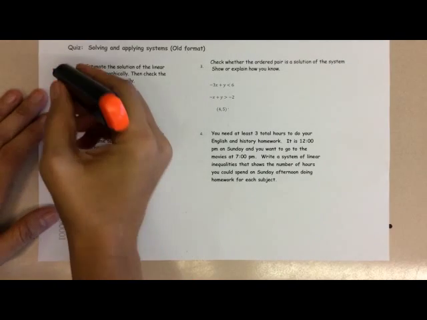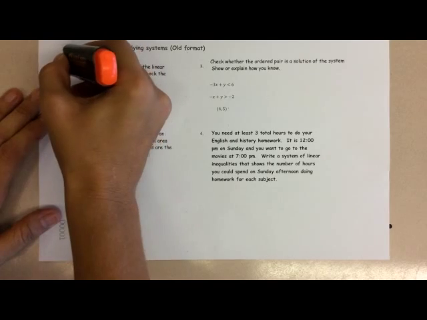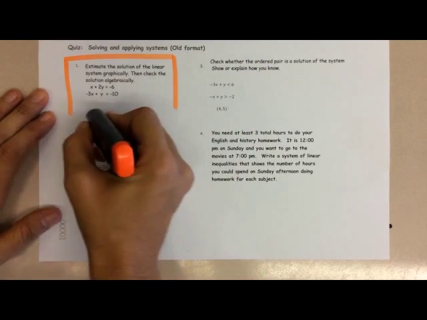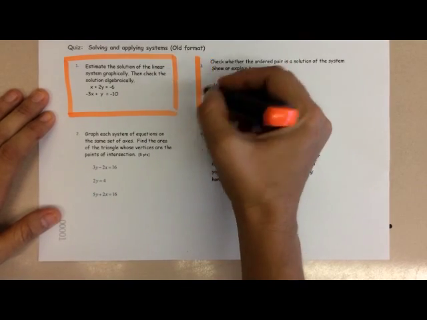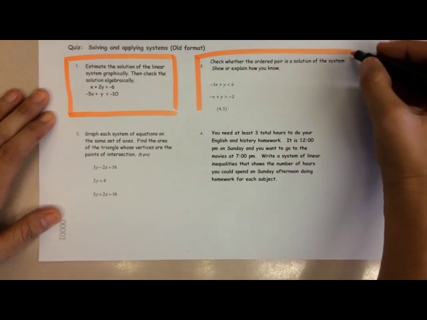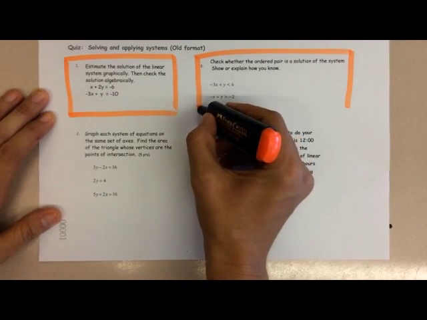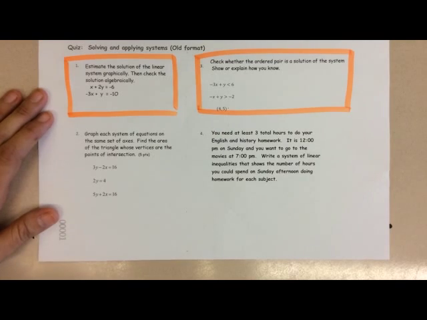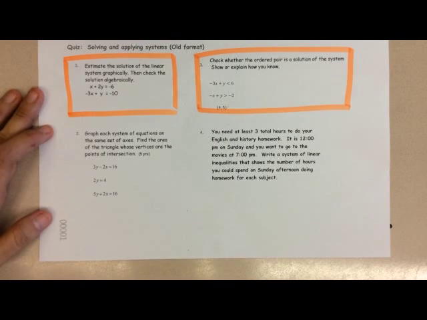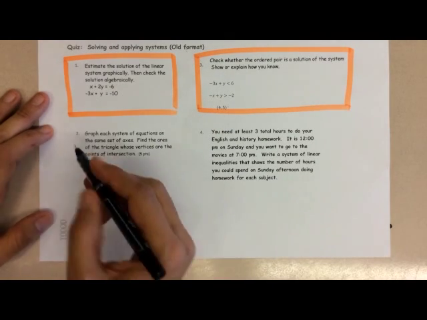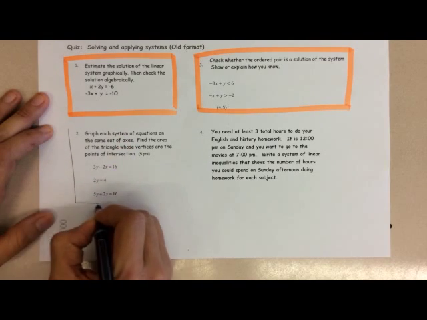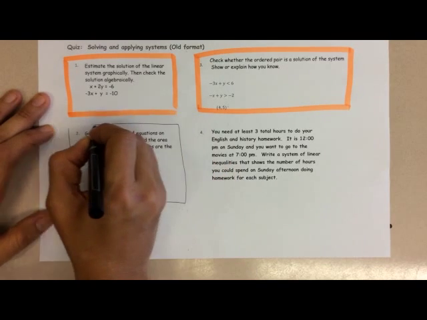According to these DOK levels, let's make a tiered assessment. Let's take problem number 1 and problem number 3, which are DOK levels 1 and 2, and use them for the orange assessment. Problems number 2 and 4 are appropriate for the white assessment.